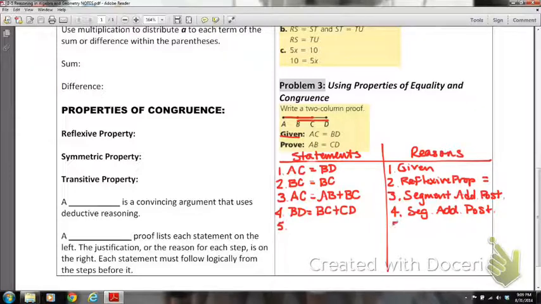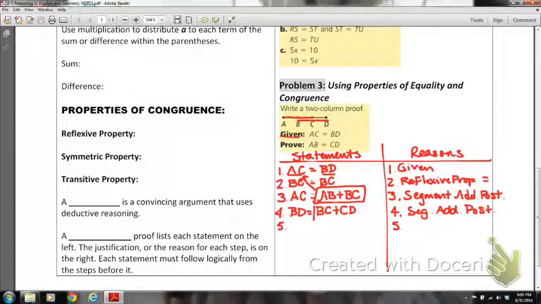Fifth statement, let's see what we can do with these two statements. If we take the first statement that was made, that AC is equal to BD, and we substitute, we've said that AC is equal to AB plus BC, so we're going to substitute it into the first part of that statement.